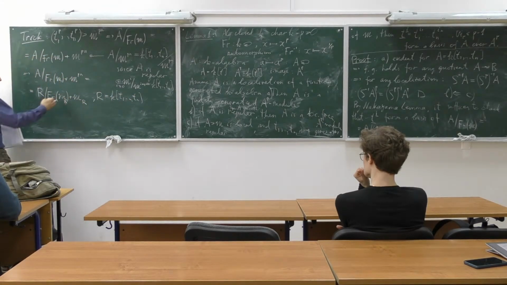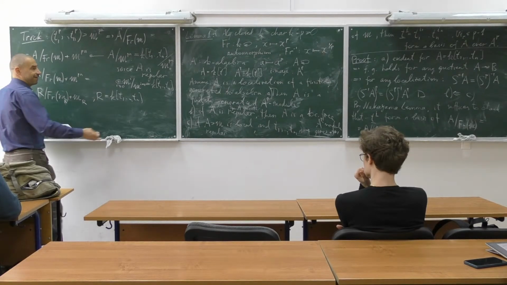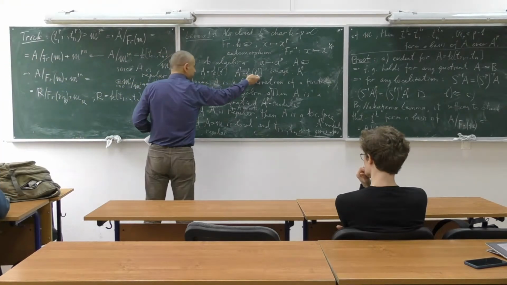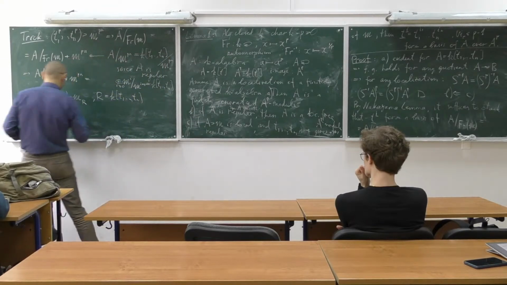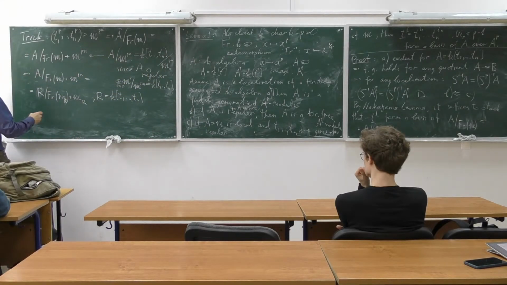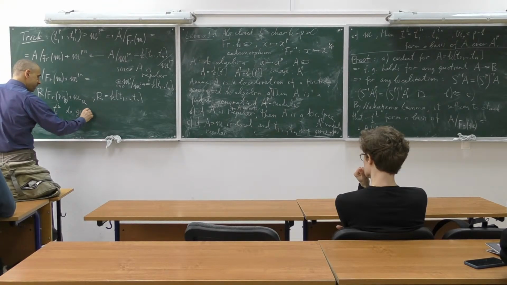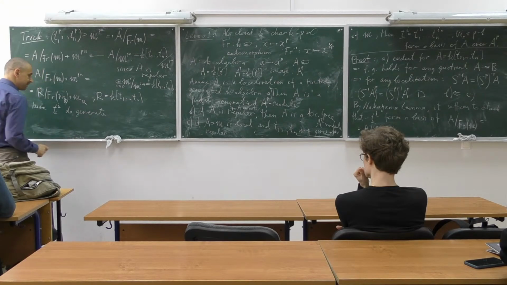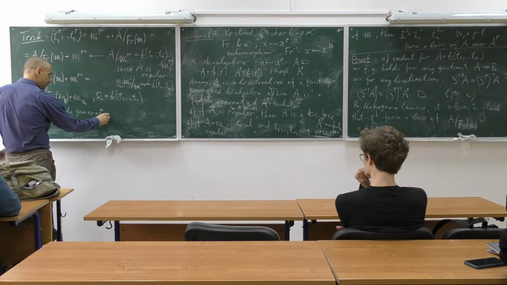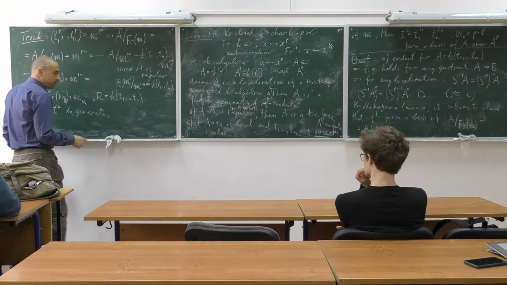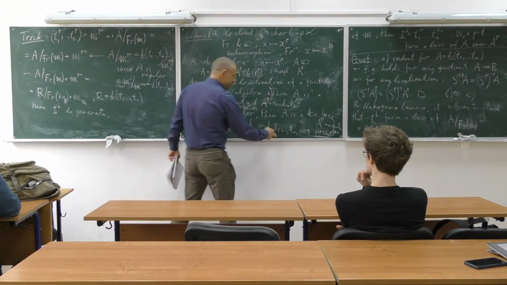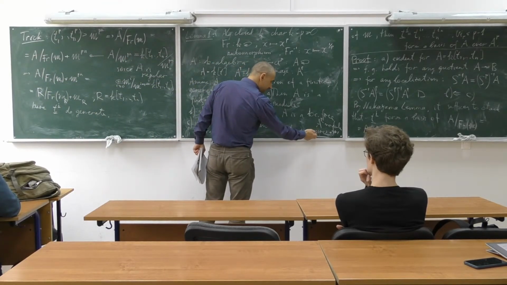Okay, and for this one, we already know. Well, it was for n equals 1, but for the same price. So here, t to the power I do generate. Okay, so they do generate, but we have to check that they are linearly independent.